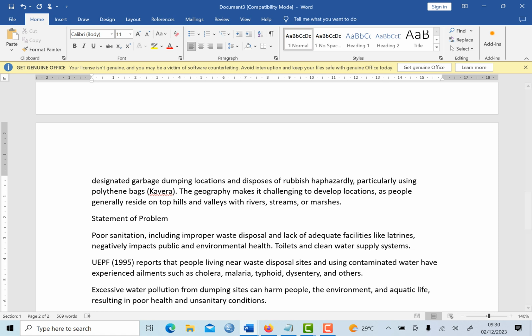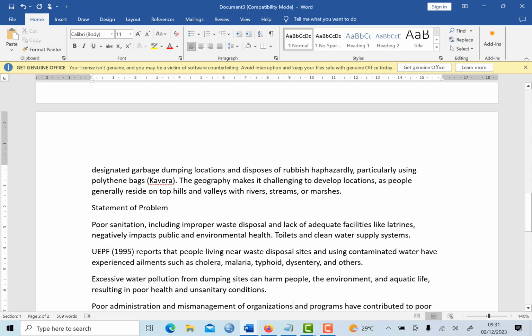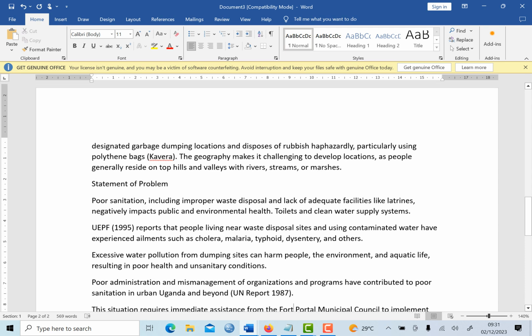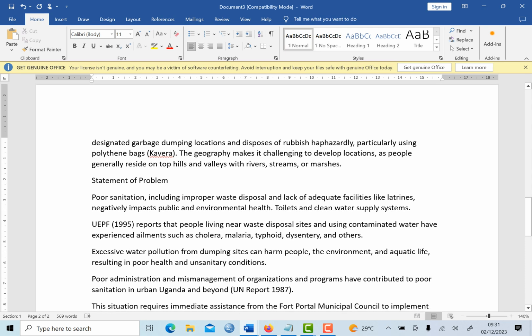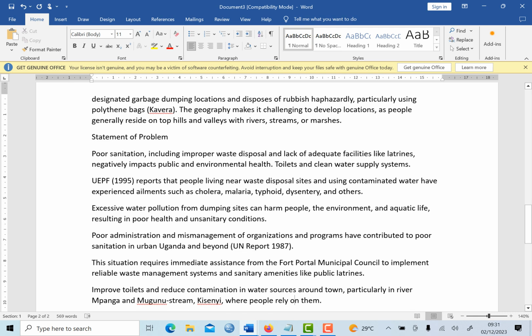Here, EPF 1995 reports that people living near waste disposal sites and contaminated water have experienced ailments such as cholera, malaria, typhoid, dysentery, and others. Water pollution can harm people, the environment, and aquatic life. Poor organization and programs have contributed to poor sanitation in urban Uganda and beyond. Say in Edo State.